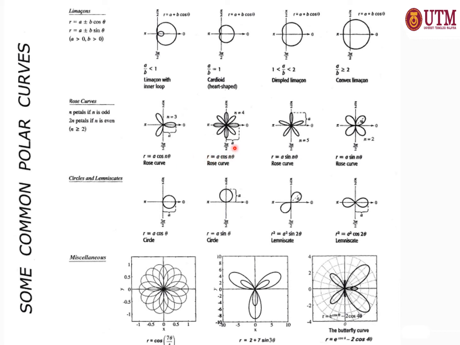The shape of the graph should be like this, where 2 theta means it has 4 petals, because n is even, so the number of petals should be 2 times 2. So we will have 4 petals, and a should be the length of the petals.